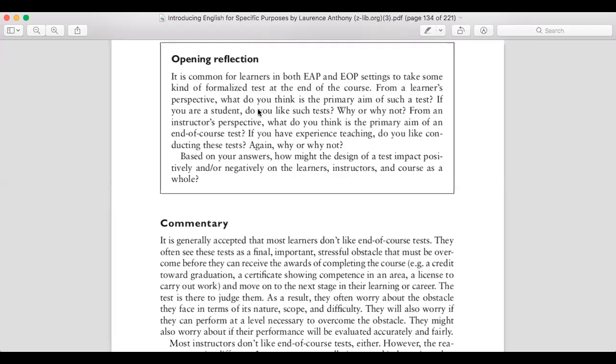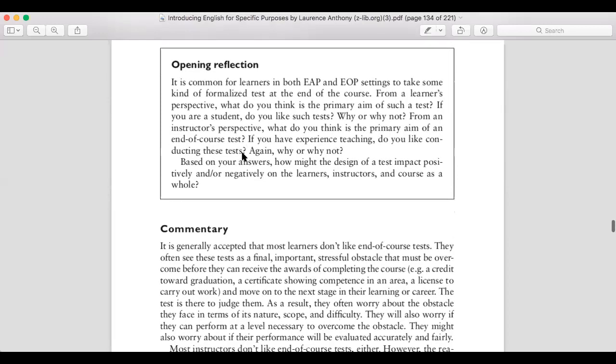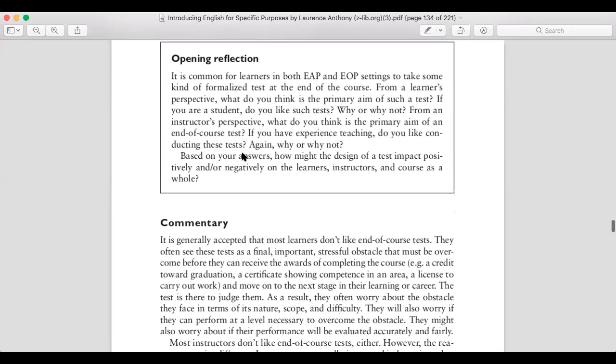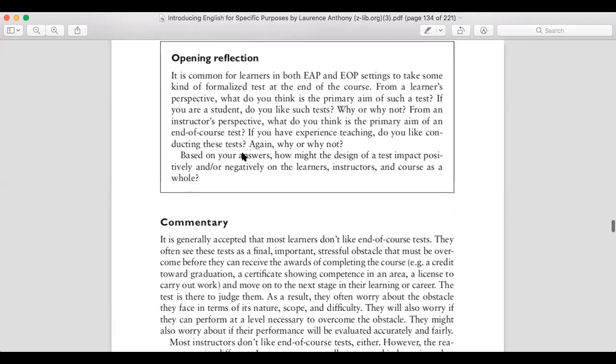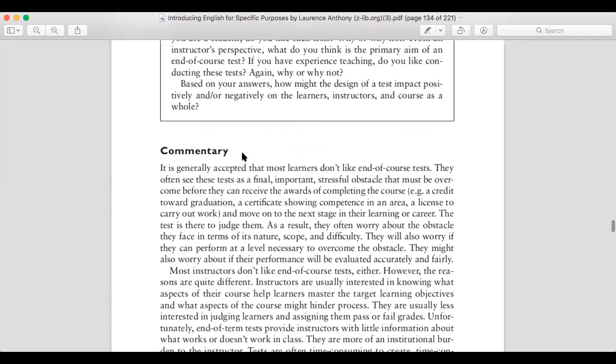So you can have your own reflections on this, and I'm really interested that you think about it. How do you see these tests as students? We can talk about it later on. I'll take your reflections as well. You can give your reflections in writing, right?